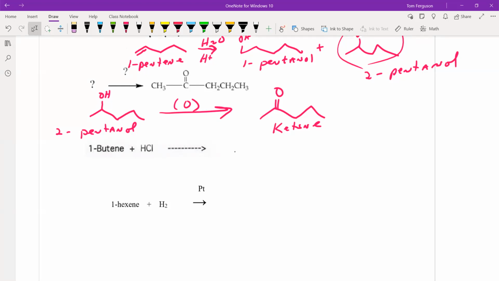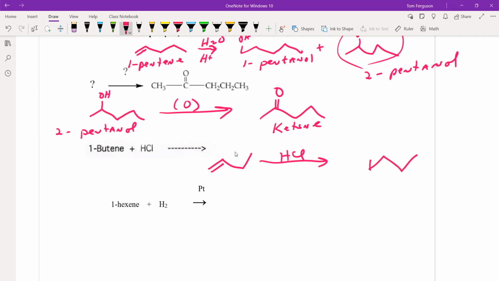Okay, 1-butene and HCl. Okay, butene looks like this. And we're going to add HCl across that double bond. That means a mix.